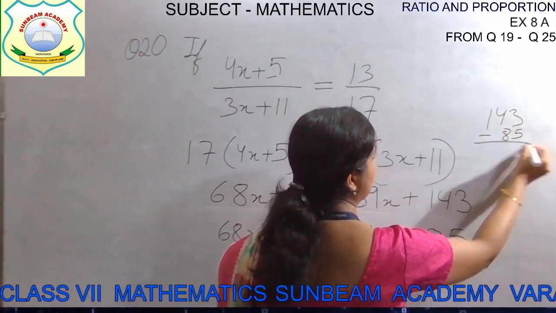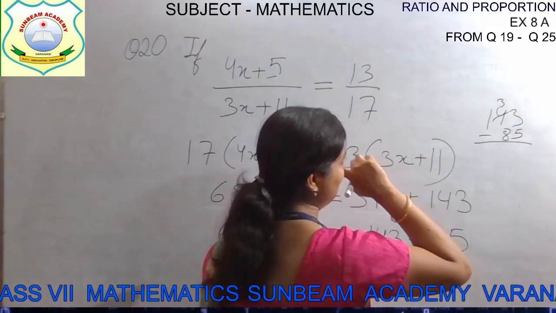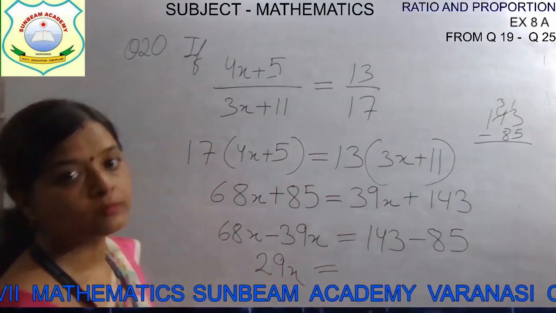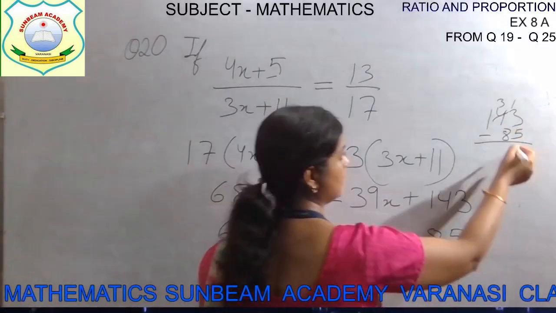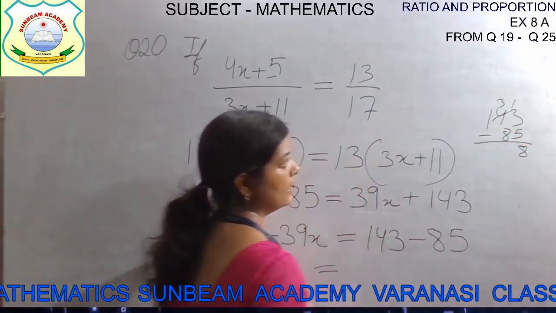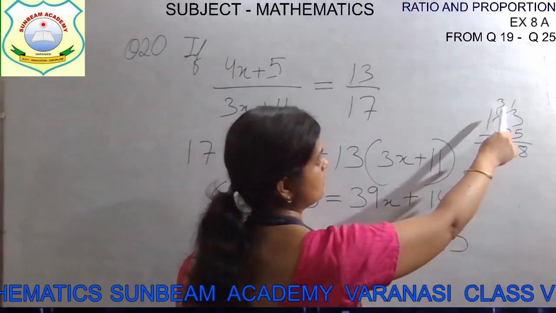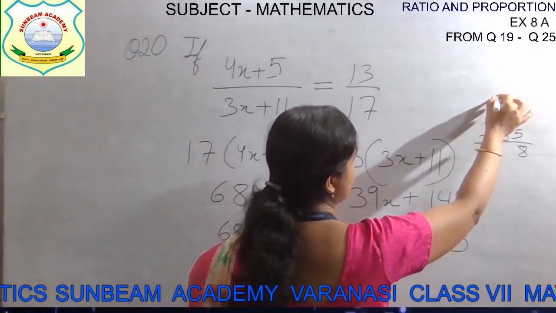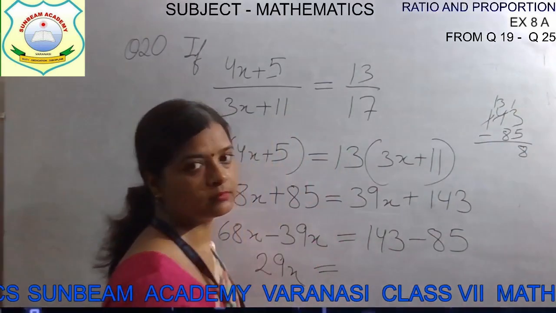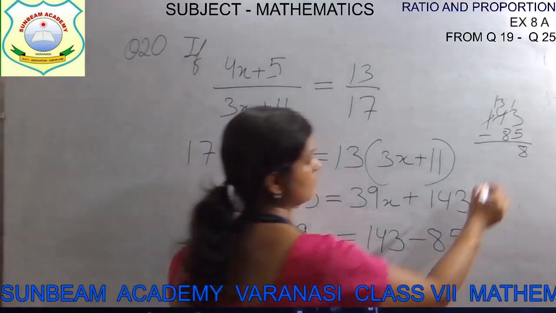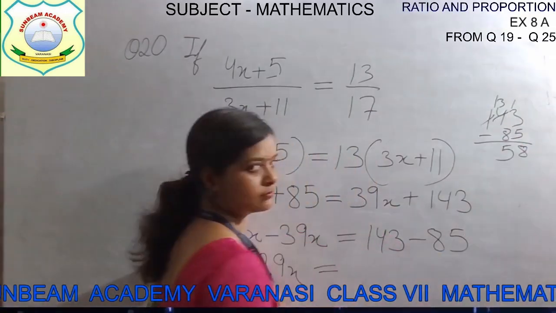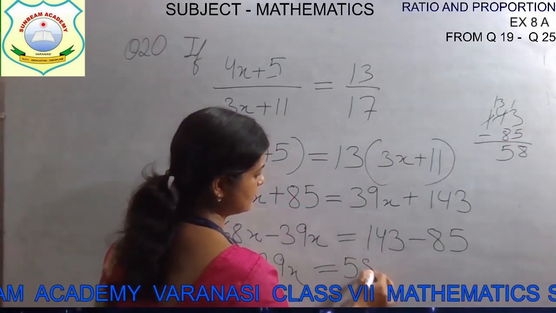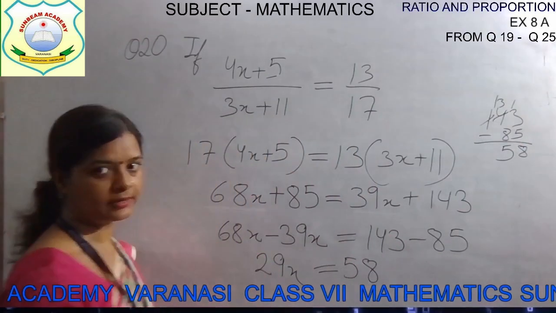When you subtract, 3 will become 13. 13 minus 5 is 8. Now the 3 can't be subtracted, so it will borrow and become 13. It will become 58 after subtracting.